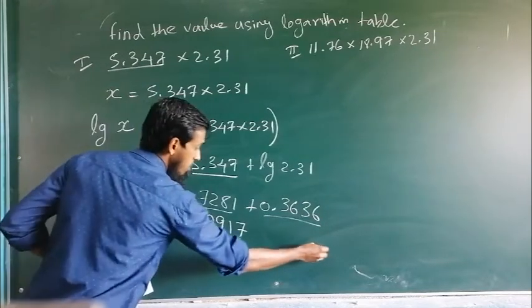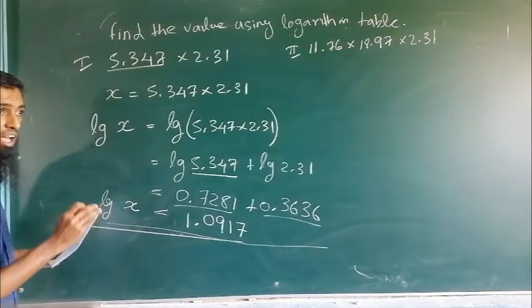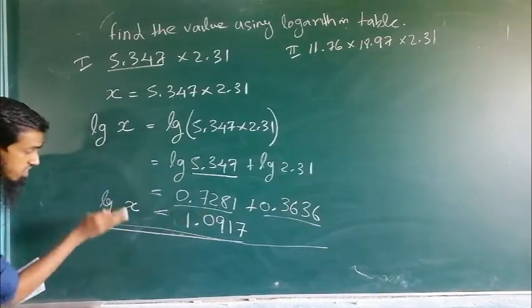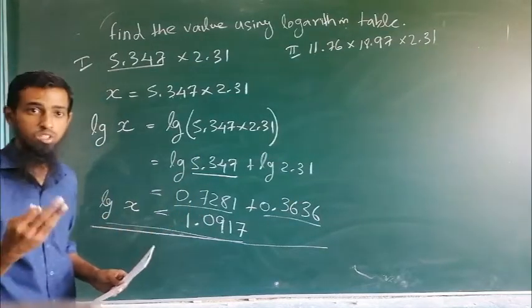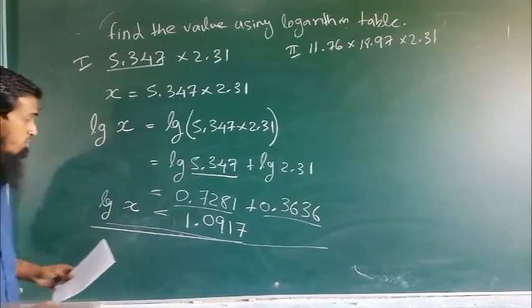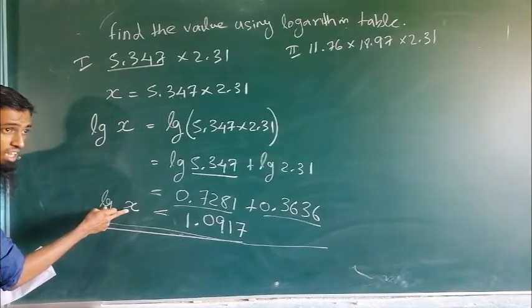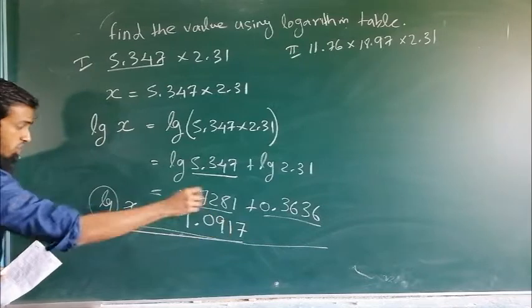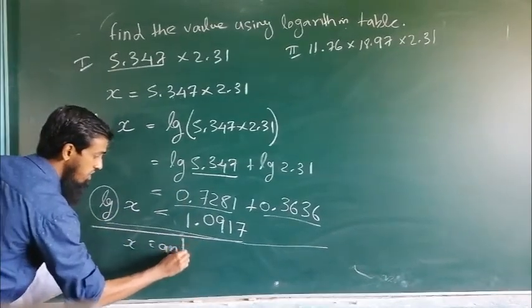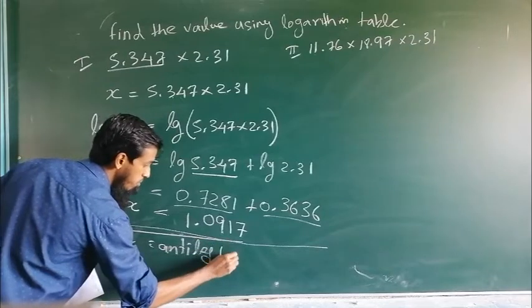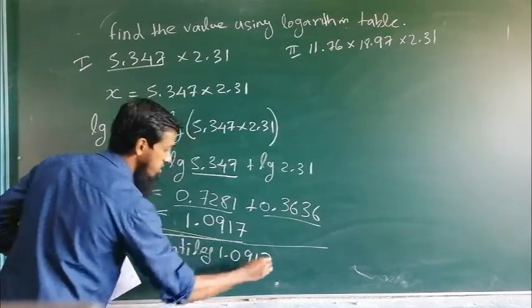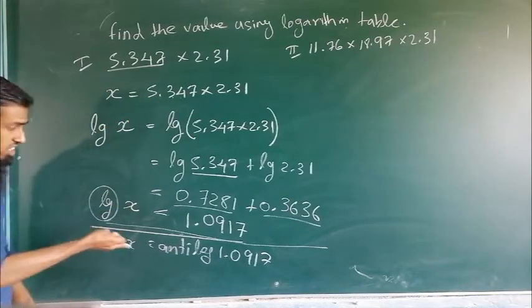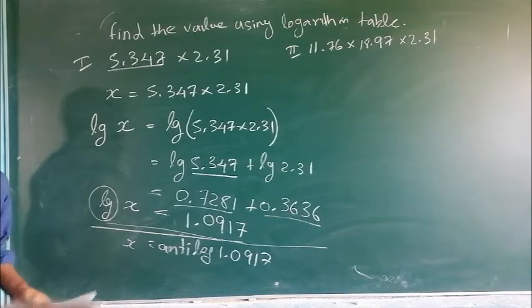Up to this part, you need the knowledge of finding logarithm. After this part, you have to use the knowledge of anti-logarithm you studied. Because if you want to find the value of x, you need to change the LG to the other part of the equation. So x equals anti-log 1.0917. This is how anti-log works. We studied it separately; this is how we use log and anti-log together.